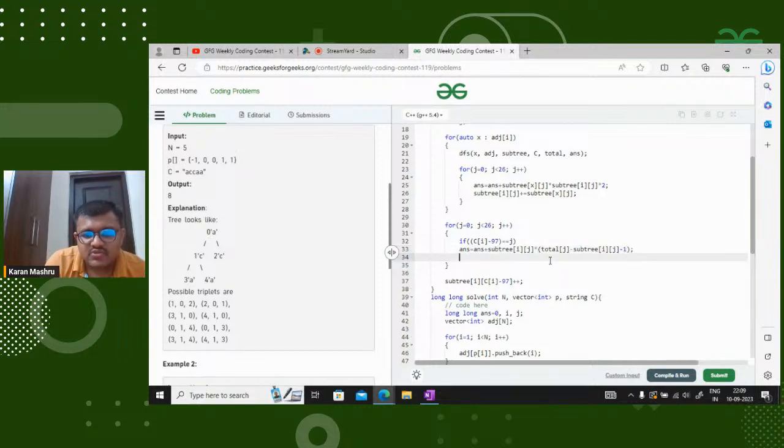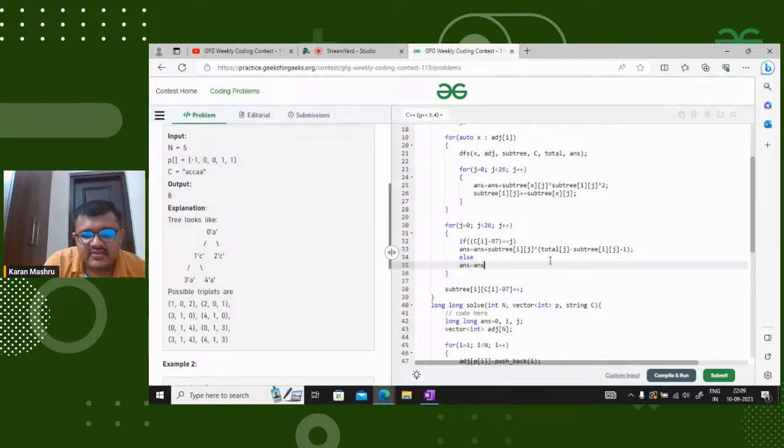So I'll do minus 1, else answer is equal to answer plus subtree of ij multiplied by total of j minus subtree of ij. Okay. And here we will not multiply it by 2.